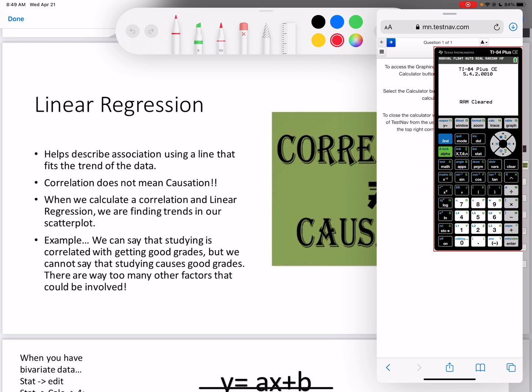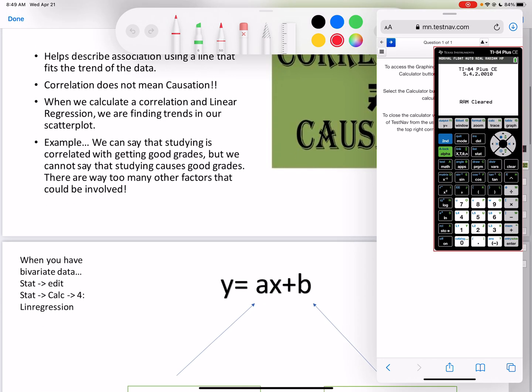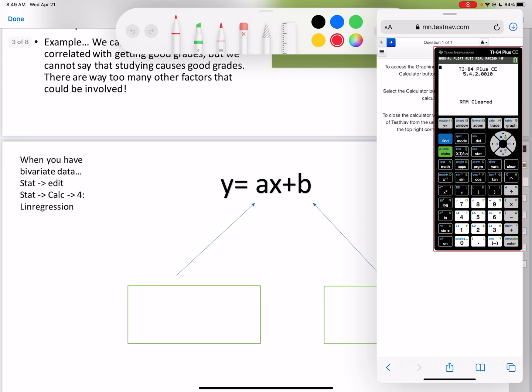When we calculate a correlation in linear regression, we are finding trends in our scatter plot. So we can say that studying is correlated with good grades, but not a cause. All right. So this brings us to the line that you're actually going to be using. This should look fairly familiar, and you should see it from when we talked about slope-intercept form in Algebra 1.